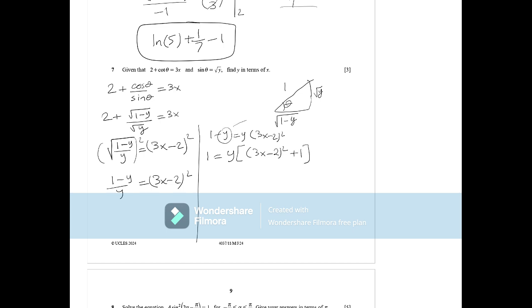Yes, I brought this y to this side and took it out as common. So the final answer is y = 1 over (3x - 2) squared plus 1.